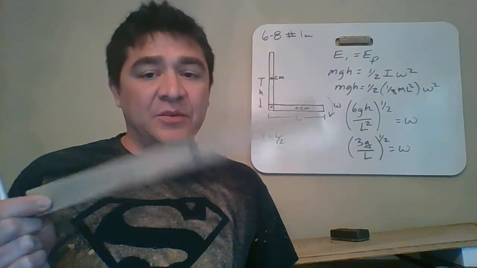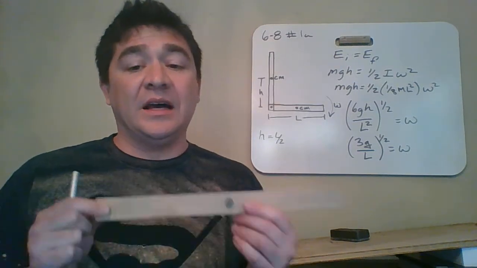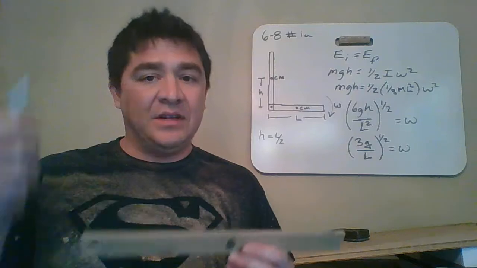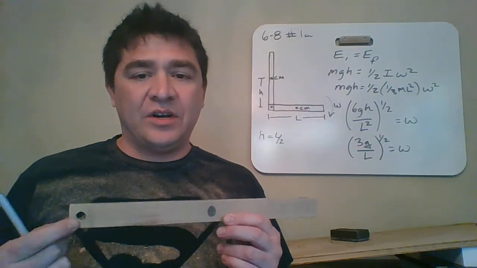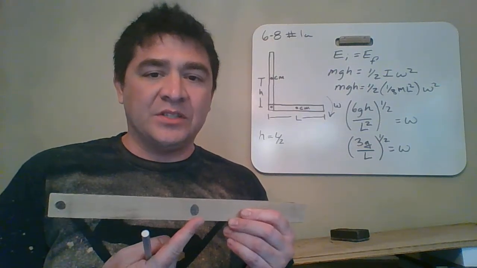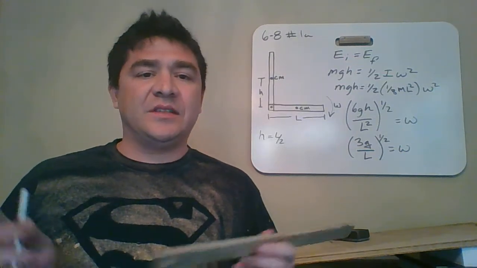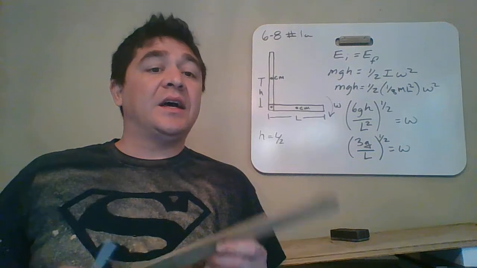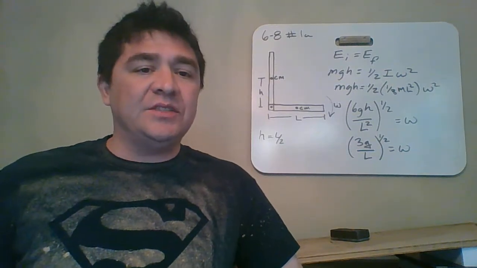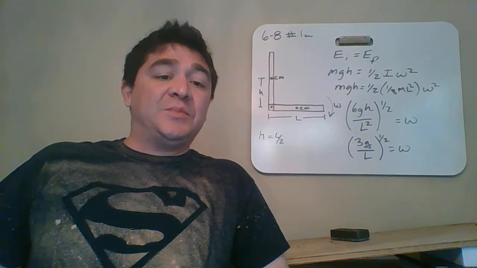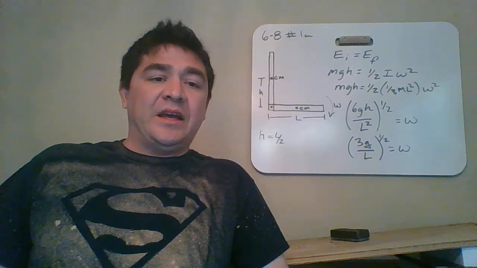But rotating around the endpoint of a stick is pretty popular, one of the formulas I have in the back of my head. We've got 1/3 ml squared, 1/12 ml squared, and you should probably know a disk as well, 1/2 mr squared, because almost everything's a disk. Then you simply plug things in and solve for the final angular speed, 3g over L, rooted.